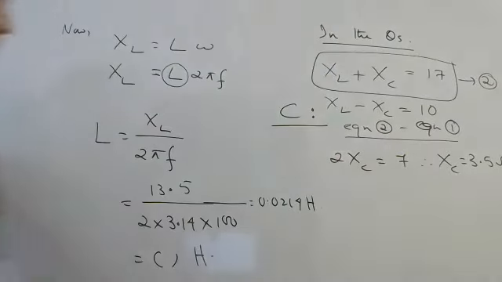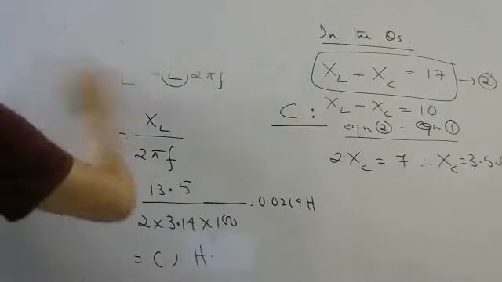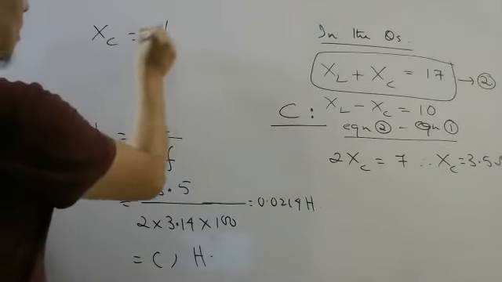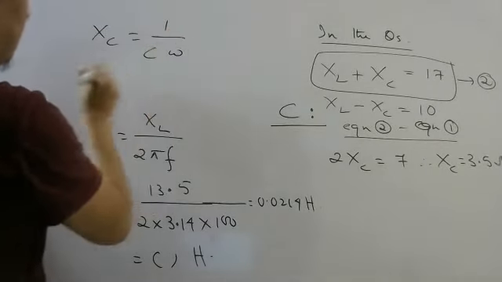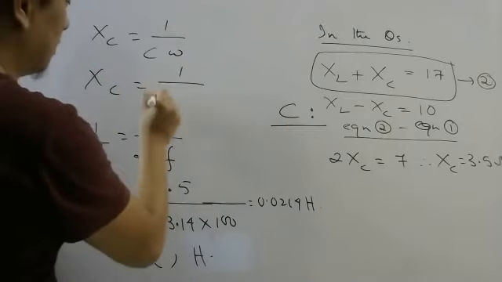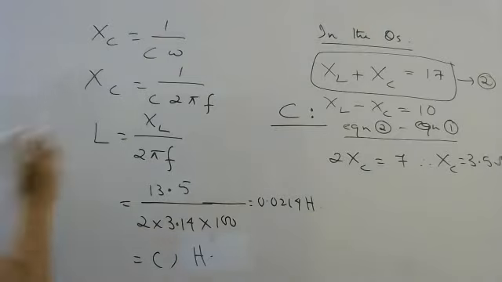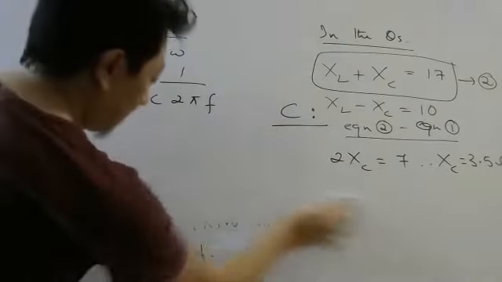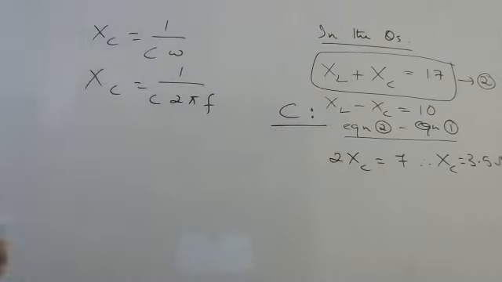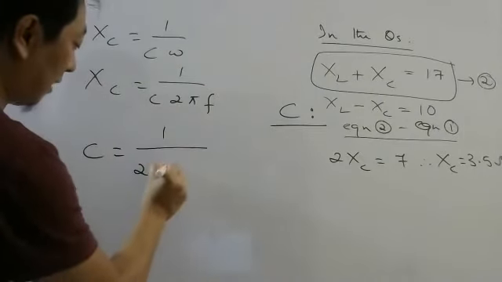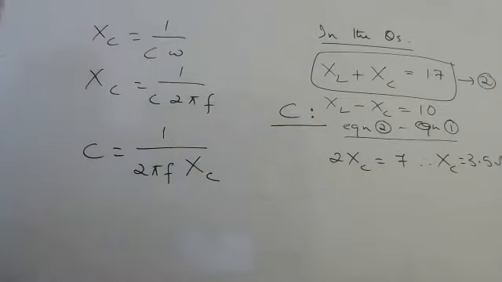So once you found XC, then what formula you will use now? Now you will use XC equals 1 by C omega. Omega is 2 pi F. And remember, we want C this time. So if you cross multiply, C will be 1 by 2 pi F into XC.